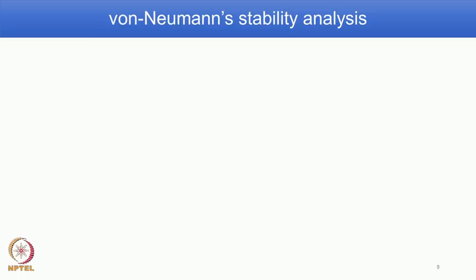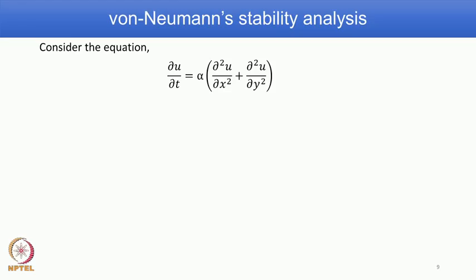Now, for another equation, a 2 dimensional equation, we write down that equation again, but including a second dimension. So, it is ∂u/∂t equal to alpha times (∂²u/∂x² plus ∂²u/∂y²).